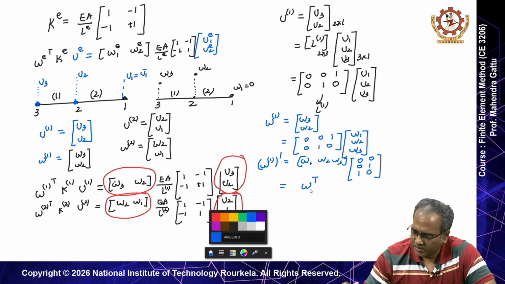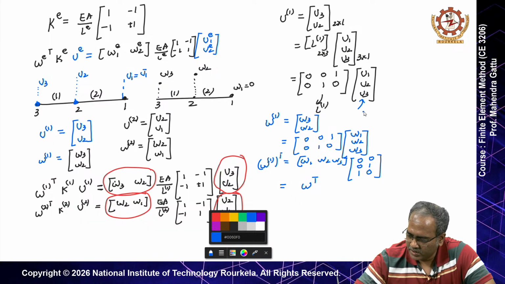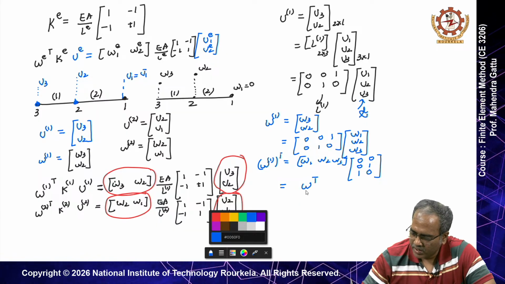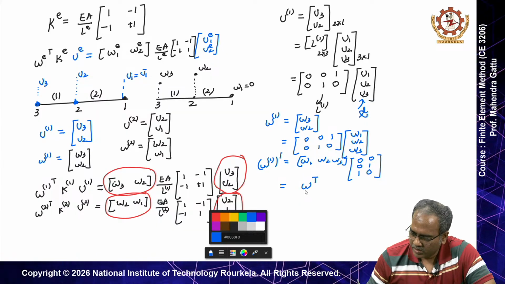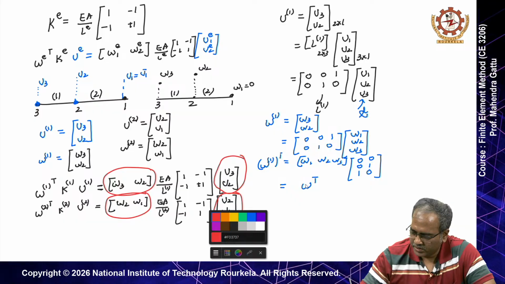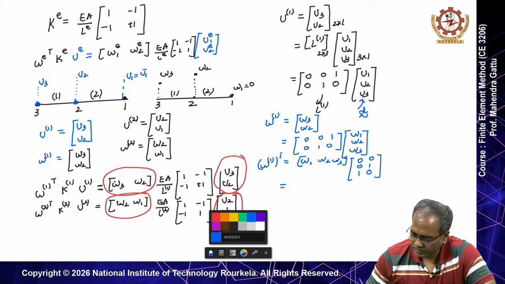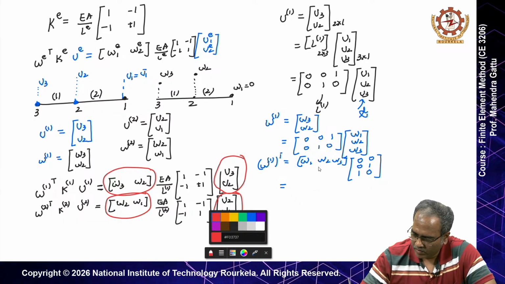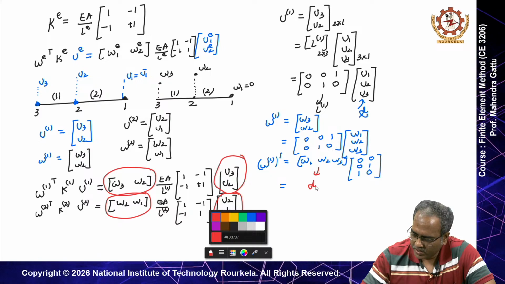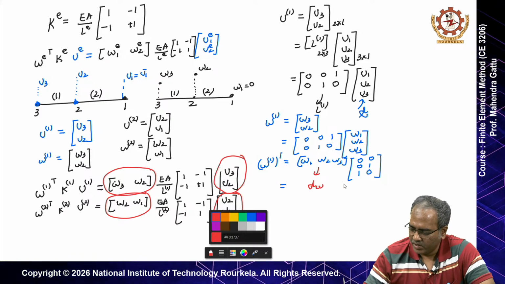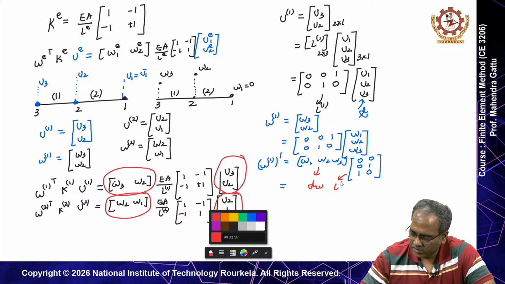Let us denote this by some name. So, let us call this D vector, and what will we call this? Let us say dW vector, okay, and this will be L1 transpose.